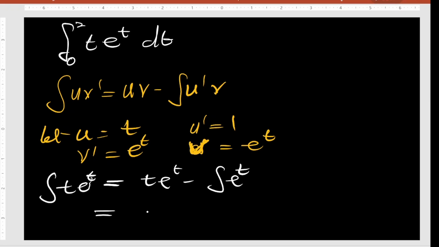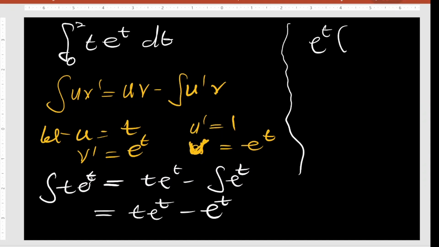And this is going to be t e exponent t minus e exponent t. We can factorize our e exponent t out, and this will be e exponent t times t minus 1.